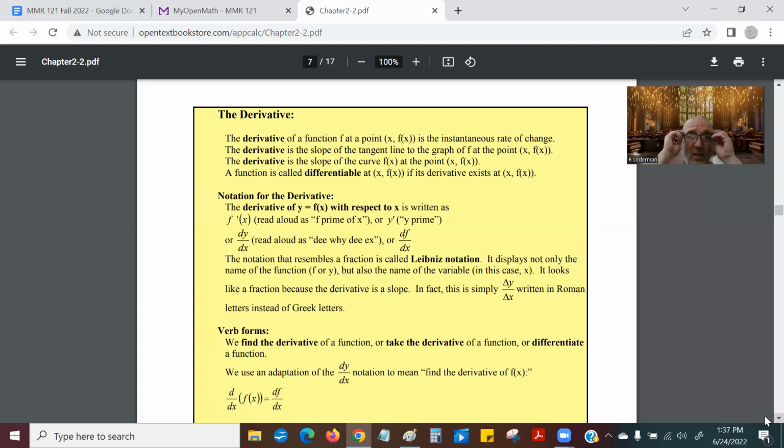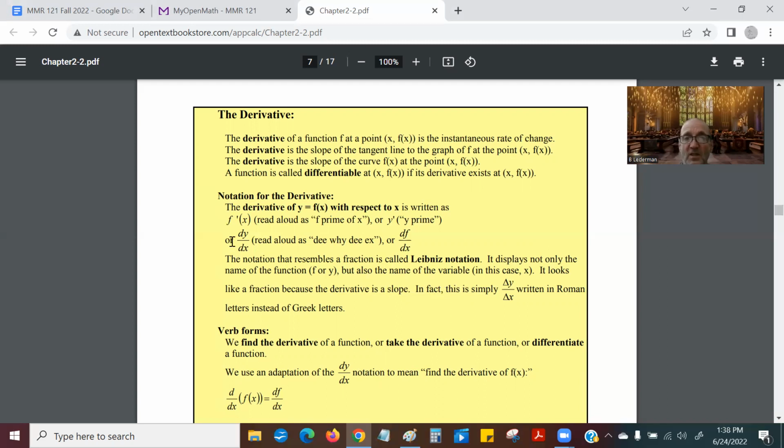Newton would write f prime of x, which is the way I wrote it on the page, or y prime. Leibniz would write dy dx. That's how you read it. Dy dx, or you say df dx. Because y equals f of x, and y and f are the same thing. So the fraction notation is the Leibniz notation.